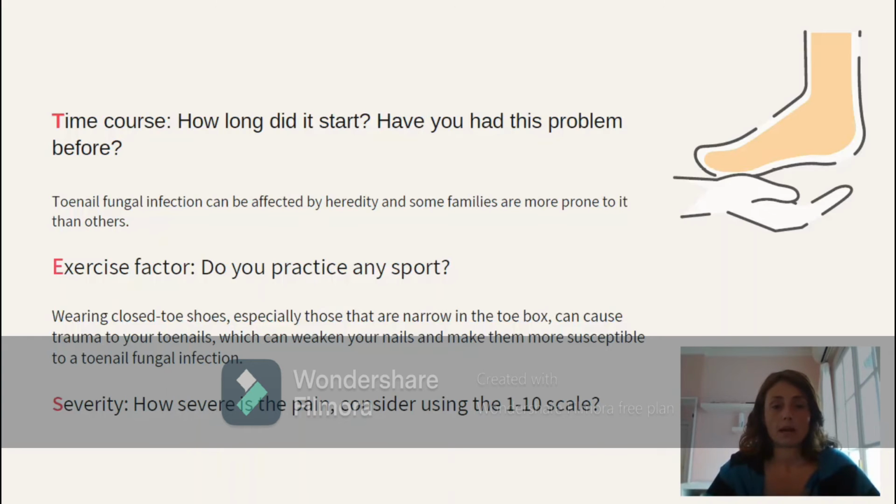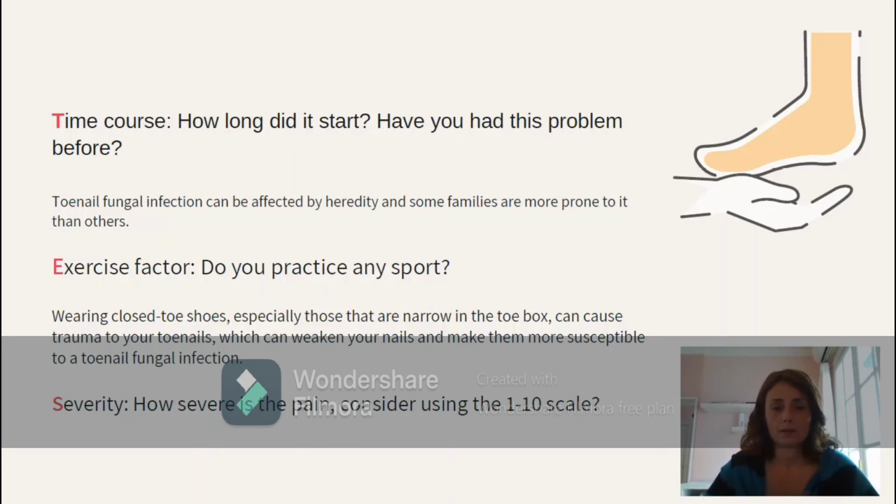If you have, for example, narrow shoes, or you like running in the morning but your shoes are probably not the best, maybe you can have some trauma to your toenail. This can weaken the nail in a short time. So be careful with this one.